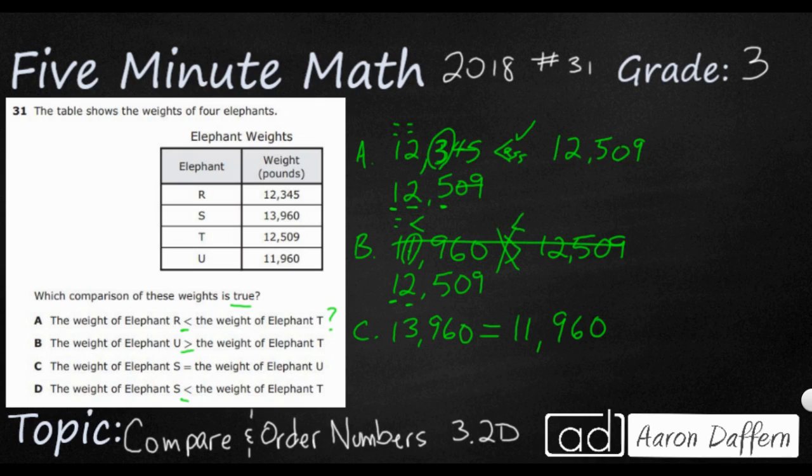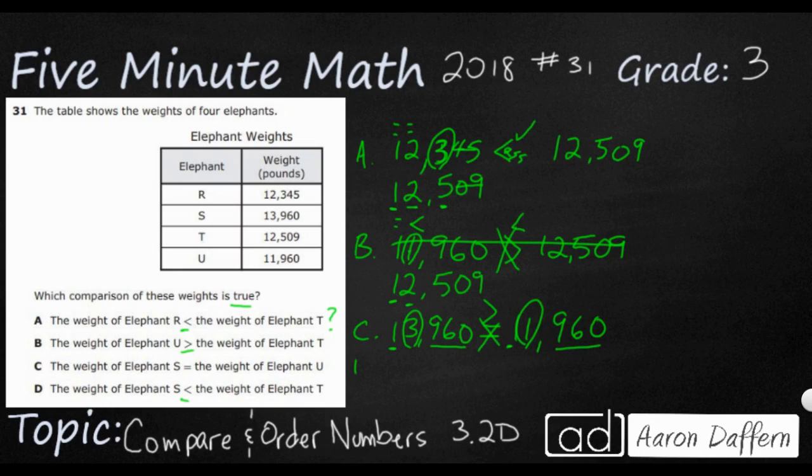We don't necessarily need to write this up on top of each other. We can see here that we've got the 10,000s, the hundreds, the tens, and the ones all the same. The difference here is going to be our thousands place. The 3 is not the same as the 1, so they cannot be equal. It would be better if we were to say greater than, because that 3 is greater than that 1.